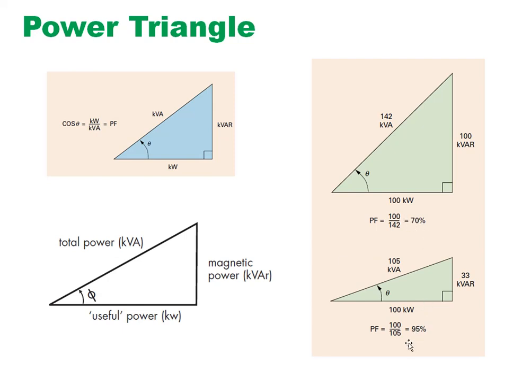So how are we going to increase it, that we have to see. And there is more terminology you may come to know: lagging power factor, leading power factor, unity power factor, low power factor due to displacement, and low power factor due to distortion. We are going to see those now.